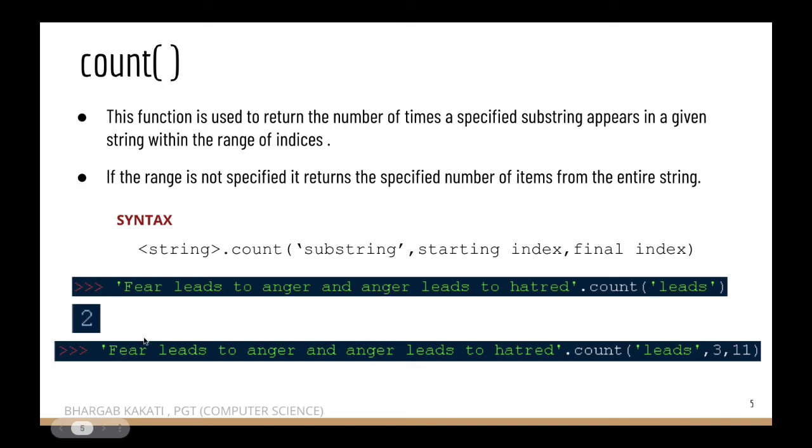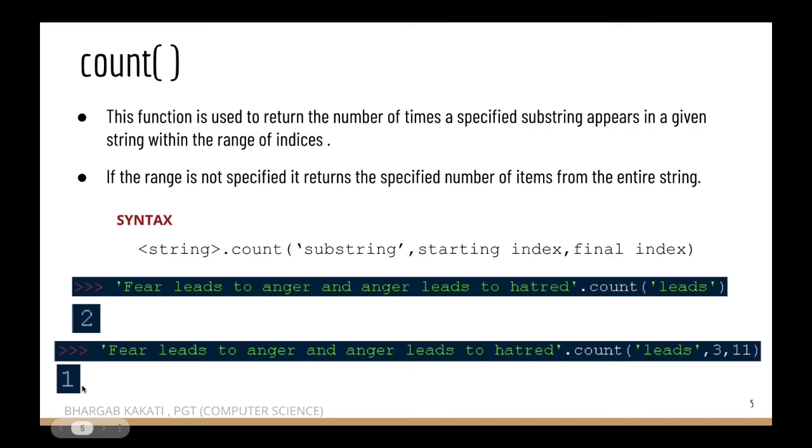That means from this particular position it will start searching for that word. 4, 5, 6, 7, 8, 9, 10. If I give the final index as 11, it will search till index 10. So from 3 to 10, how many times did the substring leads appear? It appeared only one time. Therefore, the answer here is 1.